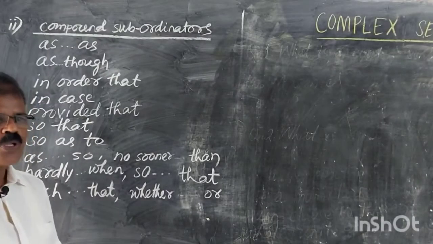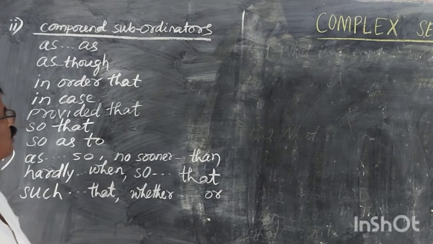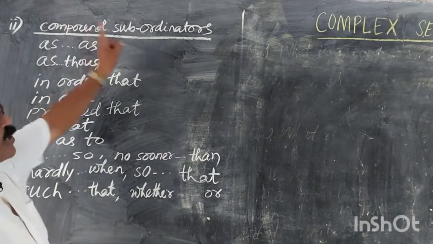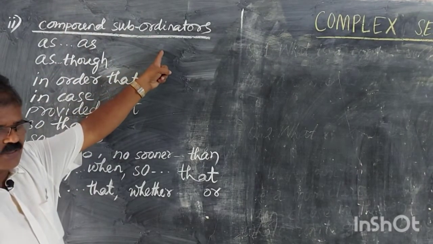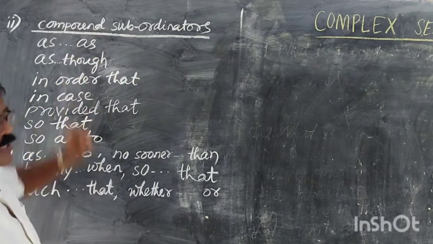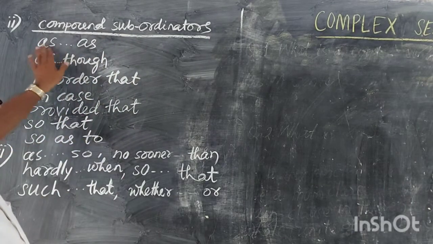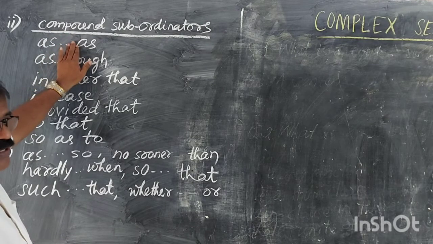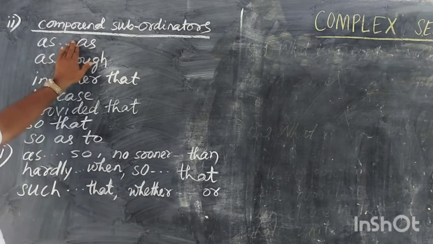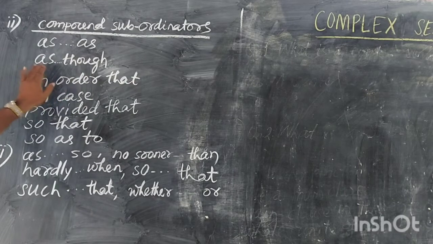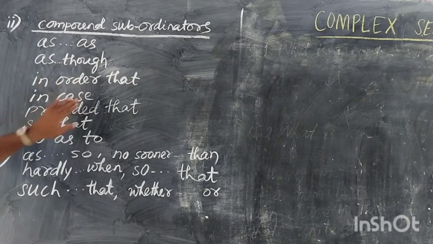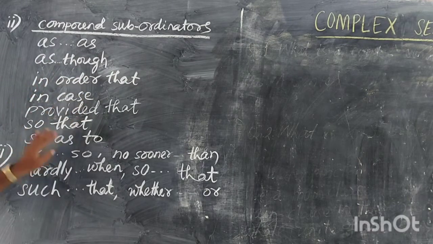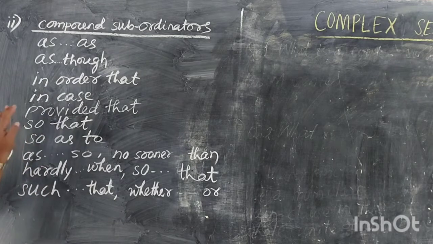Okay? Now children, look at compound subordinators. Means more than one word. As tall as, big as. As small as, as though, in order that, in case, provided that, so that, so as to.